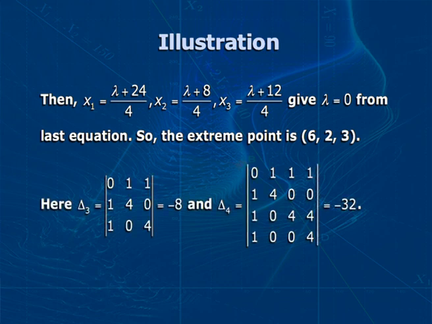Here, delta 3 is equal to determinant 0, 1, 1, 1, 4, 0, 1, 0, 4 is equal to minus 8, and delta 4 is equal to determinant 0, 1, 1, 1, 1, 4, 0, 0, 1, 0, 4, 0, 1, 0, 0, 4 is equal to minus 32.